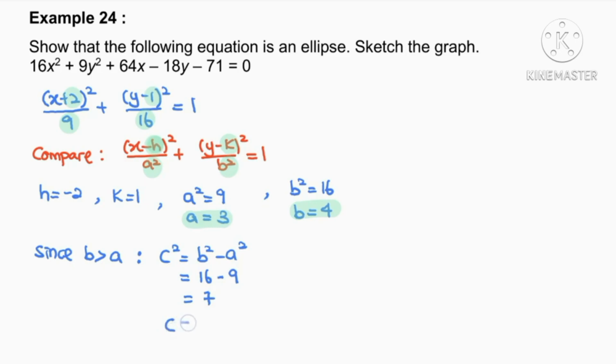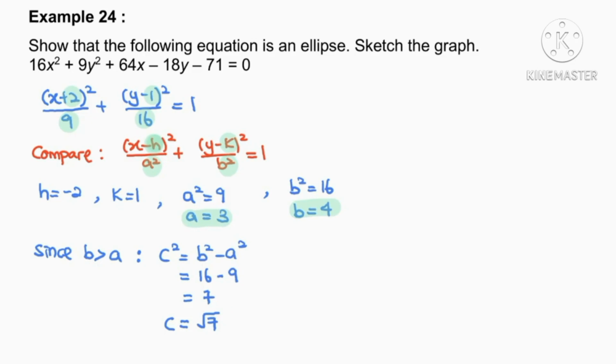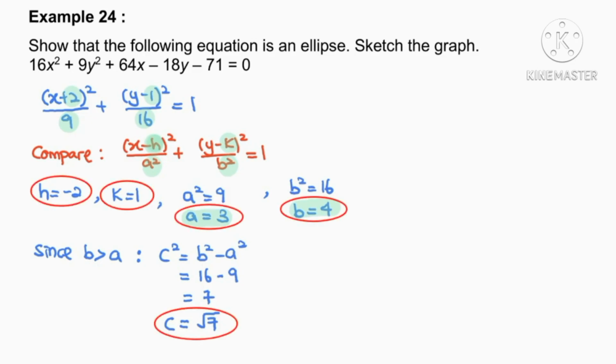The value of c is equal to square root of 7. After we identify the values of h, k, a, b, and c, now we can find the center, vertices, and foci. For your information, the value of b is greater than a.